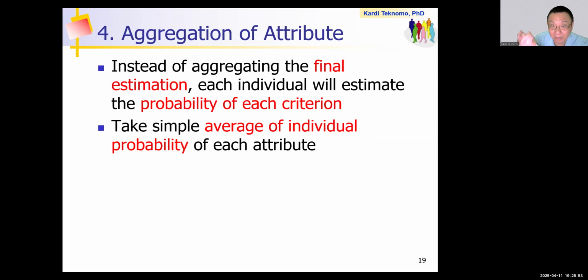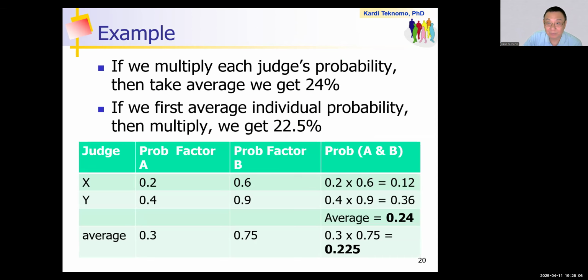And then you will take a simple average of individual probability. So I give you an example here. Say you have two judges, X and Y, and there are two factors, A and B.